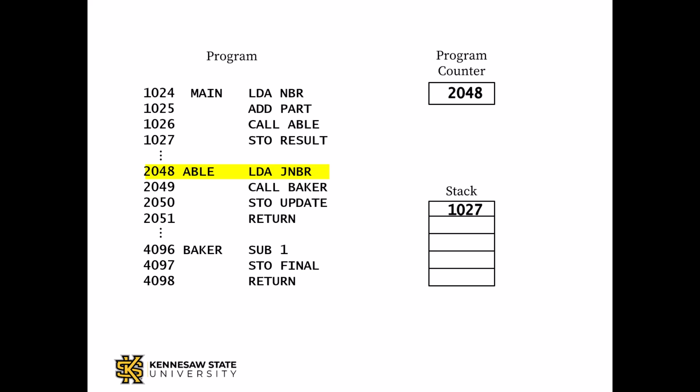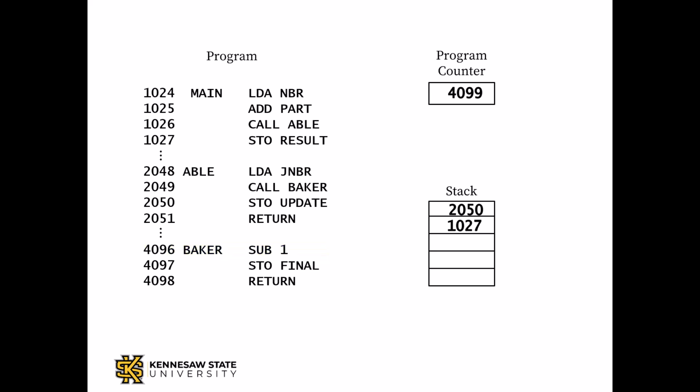When Able reaches the call Baker instruction, the program counter contains the address of the next instruction, 2050. The program counter is pushed onto the stack. The address of Baker, 4096, is loaded into the program counter. On the next instruction cycle, Baker begins running.